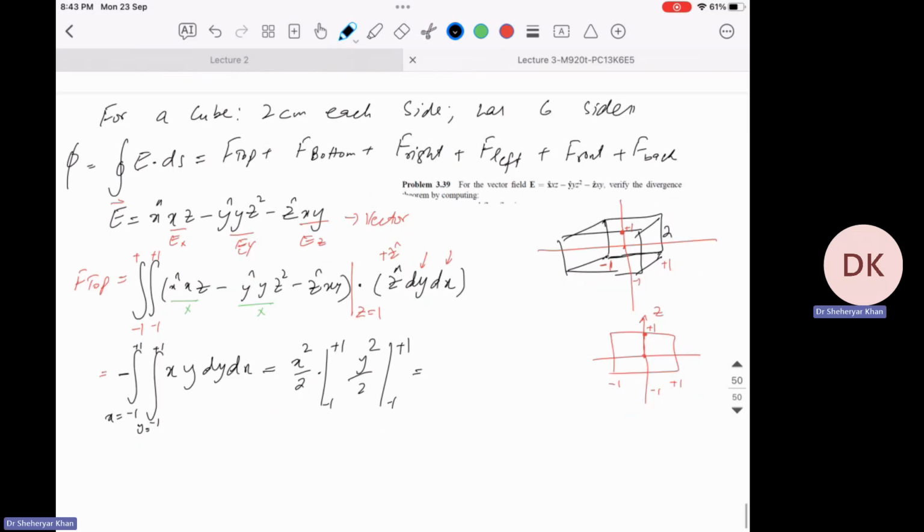So if you solve it, you will get x square, 1 square minus... You should be very careful when solving the limits. The final answer is 0, right? That means there's no flux in the top surface.